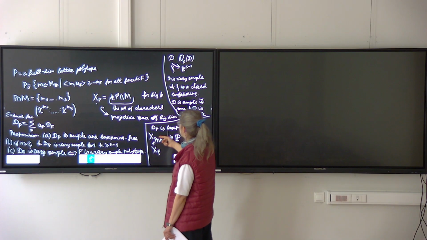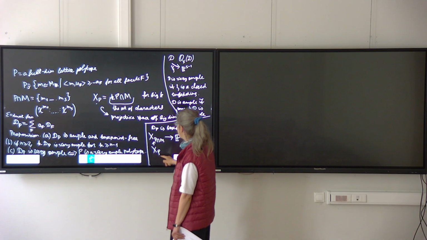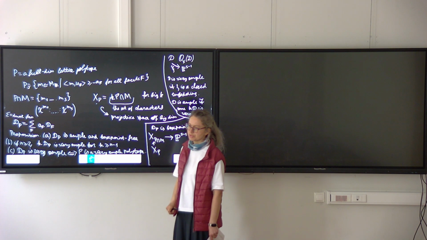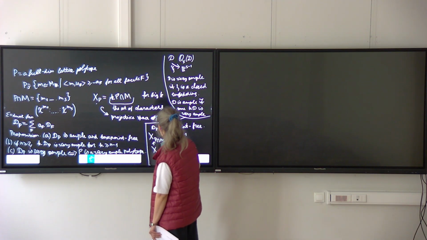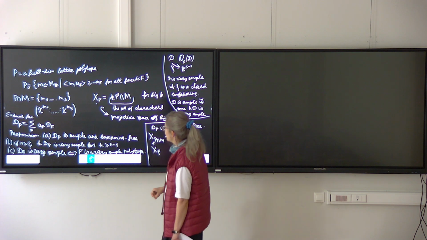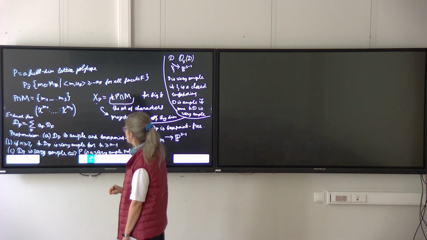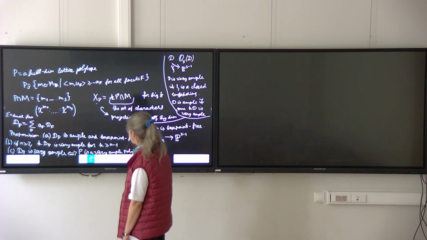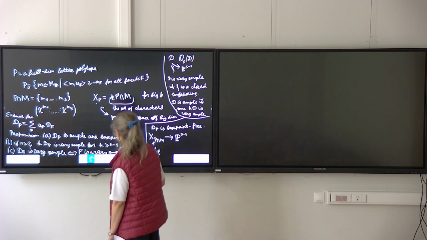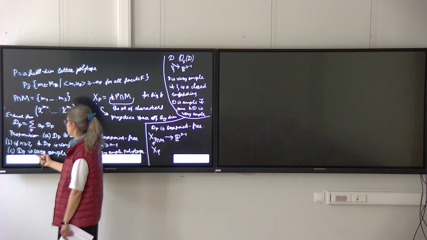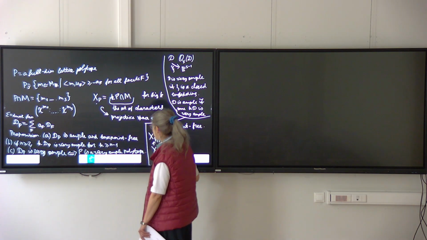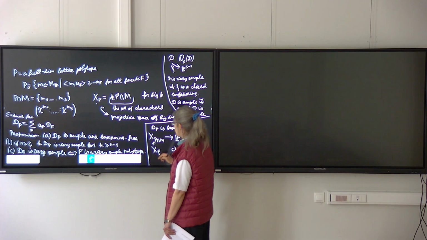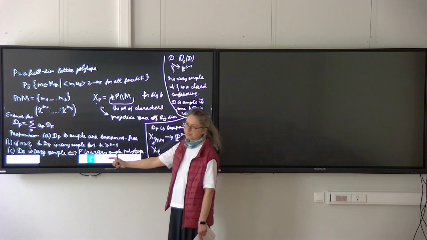If we want this to be a closed embedding, then this should be an isomorphism, because this will be isomorphic to the image of this one. And so it will show that if dP is a very ample divisor, then this will be a very ample polytope.